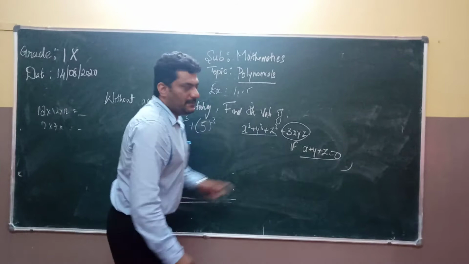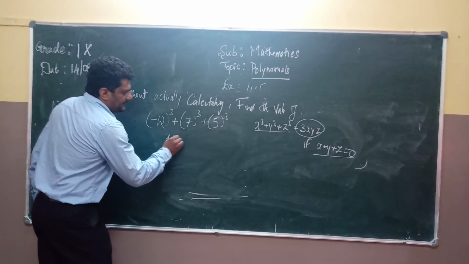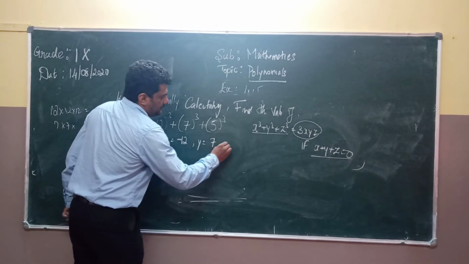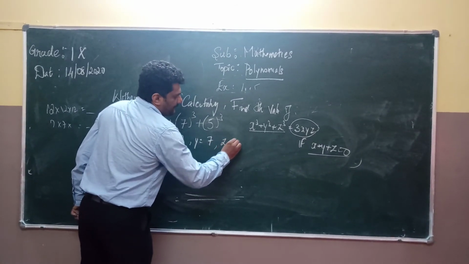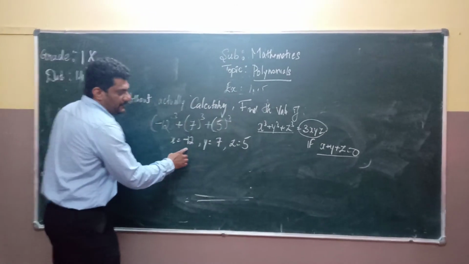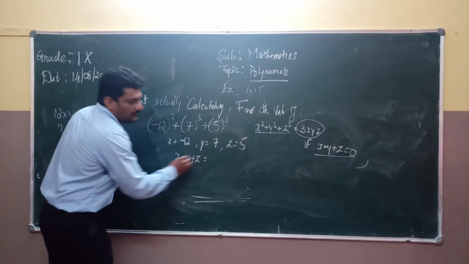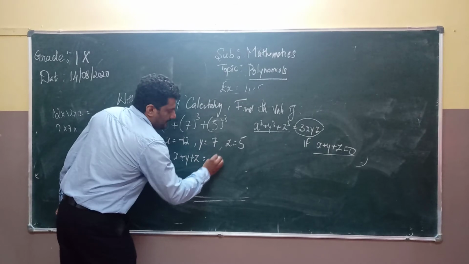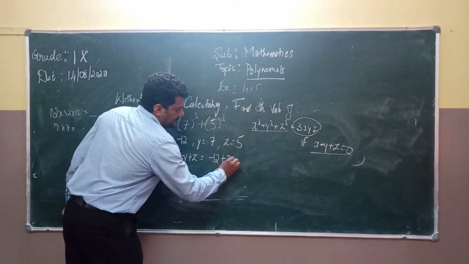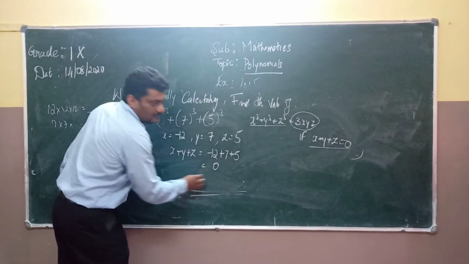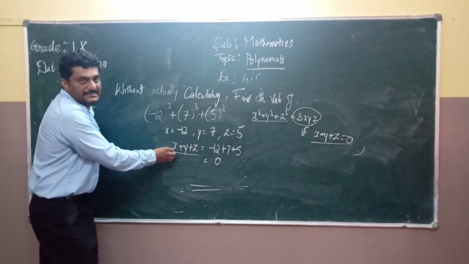So what are x, y, z here? X is negative 12, y is 7, z is 5. Now if I add x plus y plus z, what is the answer we get? We get minus 12 plus 7 plus 5. If you solve this, you will get 0. That means x plus y plus z is equal to 0.